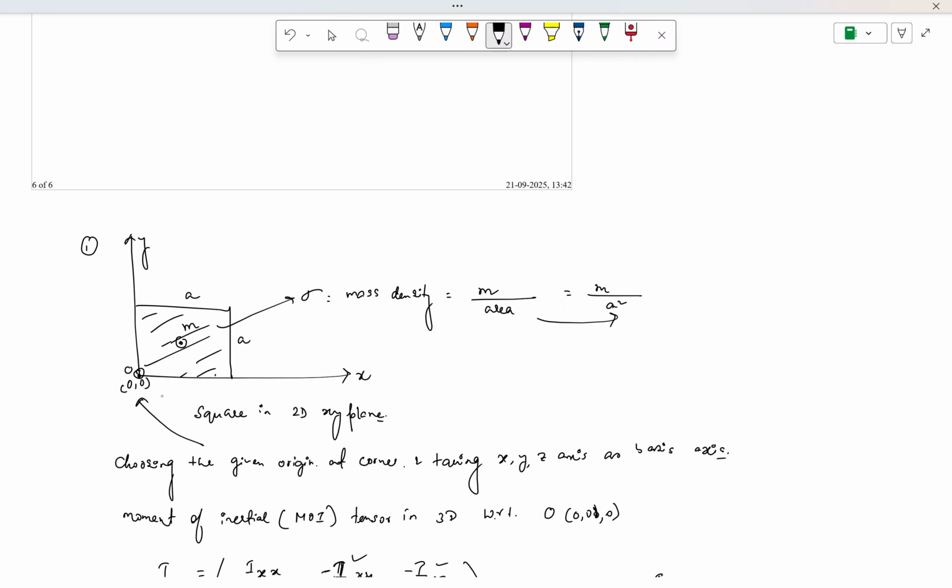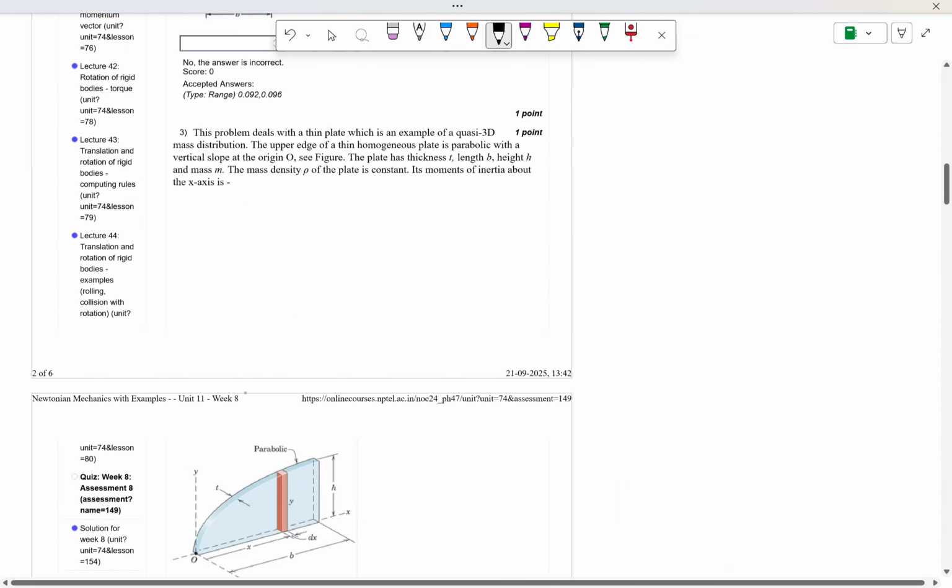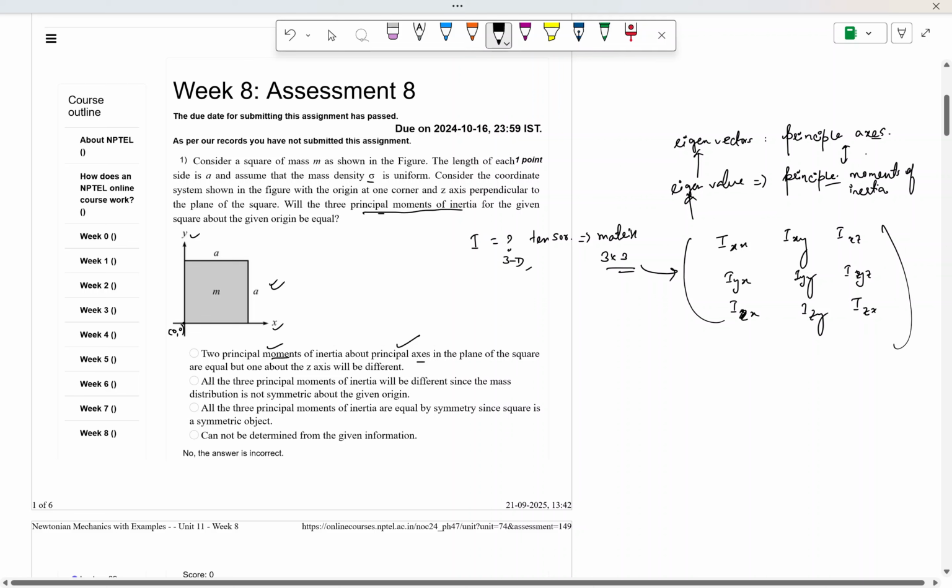But with respect to this origin, it will always have non-uniform, different principal moment of inertia values, which indicates that the mass distribution is not symmetric with respect to the given origin. So that is the answer we have to mark: all the 3 principal moments of inertia, in other terms the eigenvalues of the moment of inertia tensor or matrix, are different from each other since the mass distribution is not symmetric about the given origin. So this is our answer.